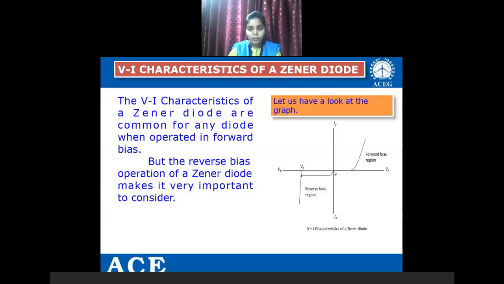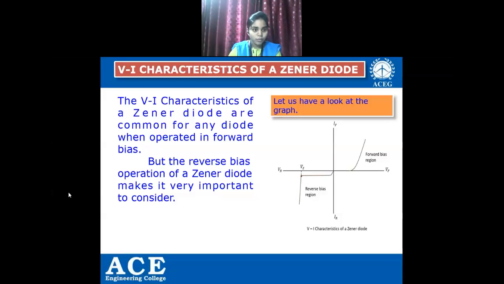Now, whenever a PN junction diode reaches breakdown, that means this is what we see here. Let me show it clearly. Now, if we consider a PN junction diode, we will get our output in this format, right?